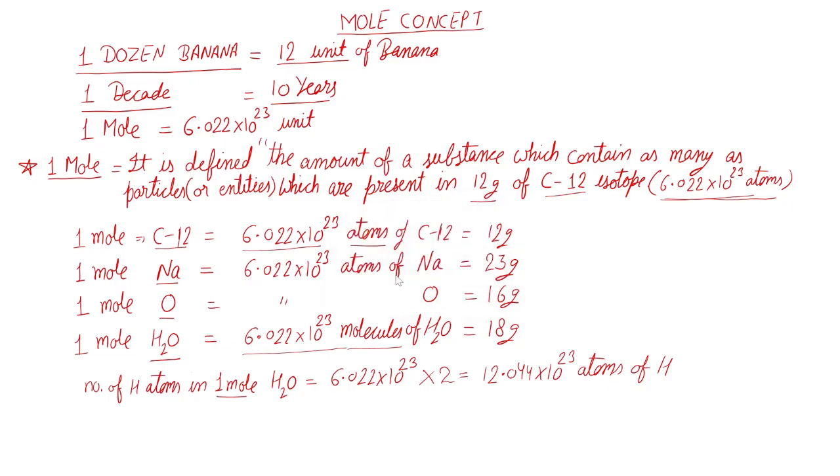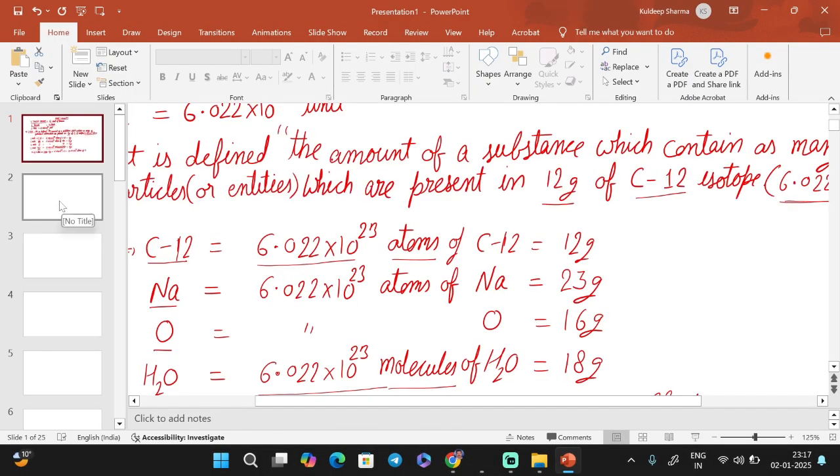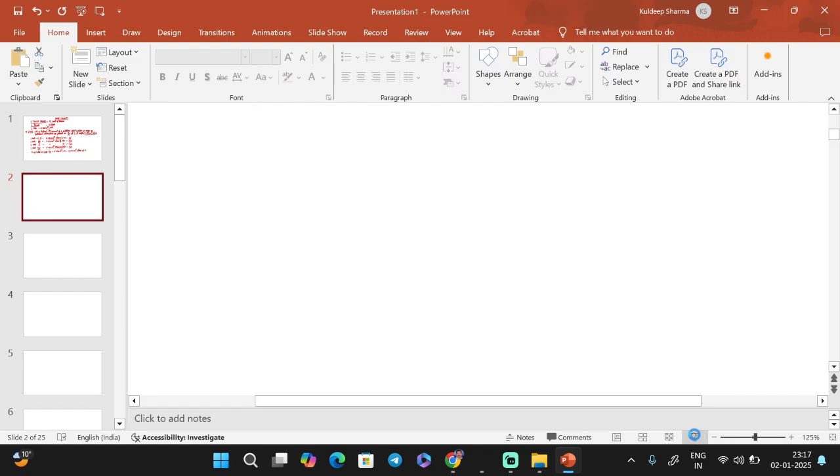Now we are going to the next page here. Okay. Now when we are talking about 1 mole, there are some very important points that you have to remember always.